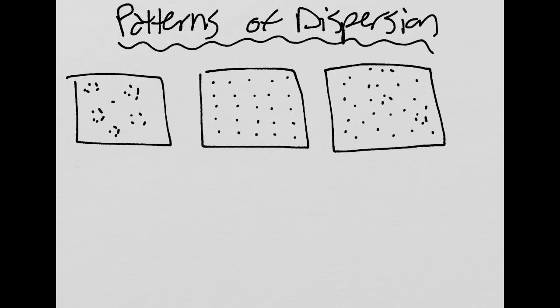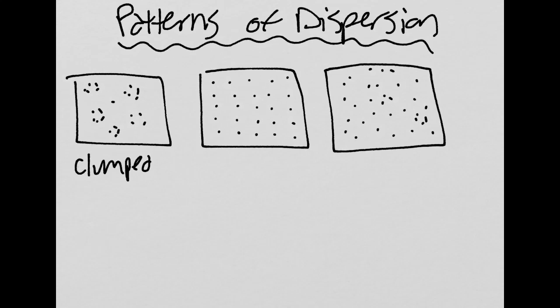Patterns of dispersion is really important to population ecology because it can tell a lot about how organisms organize themselves or interact with each other. Three major types are clumped, so that's the first one.